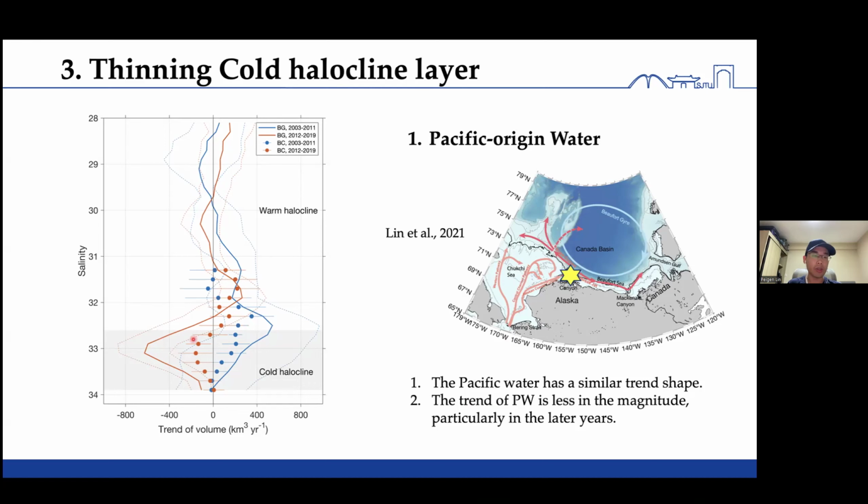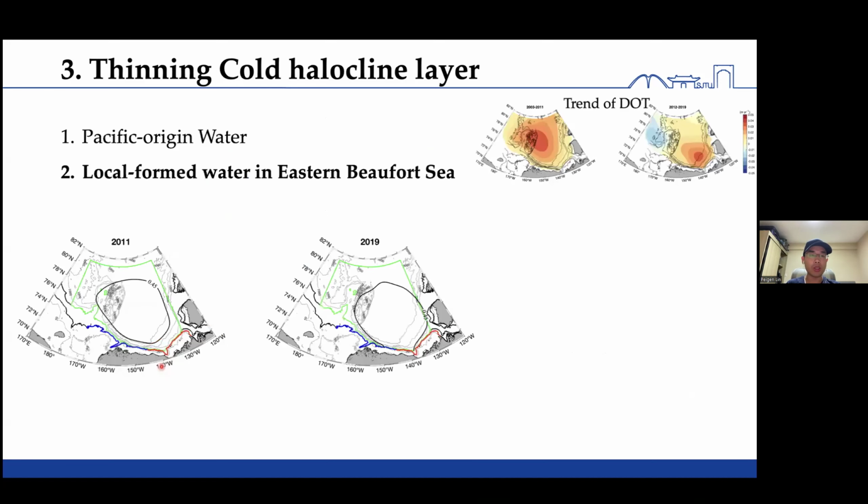The first year is okay, but in the later years they are significantly different. So we expected there are probably other sources that could contribute to the trend in the second period. So then we look for the locally formed water in the eastern Beaufort Sea and on the other side.